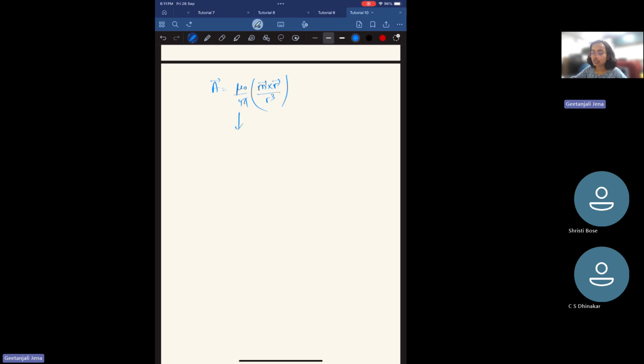The last part covers what will happen when you put a magnetic material in a magnetic field. Besides the free current density, if the material is carrying some free current density, we will have a bound current density.